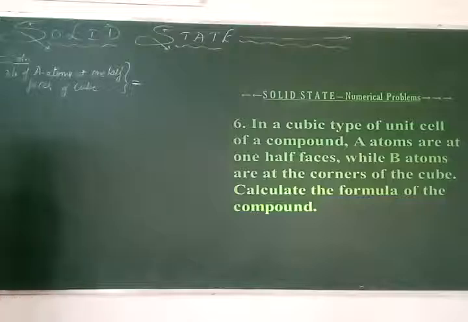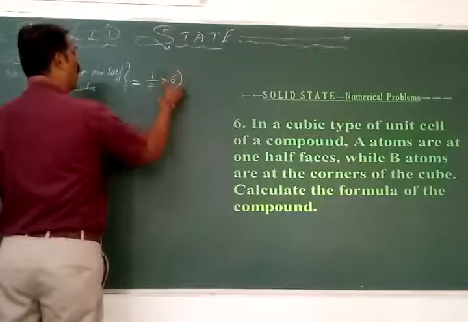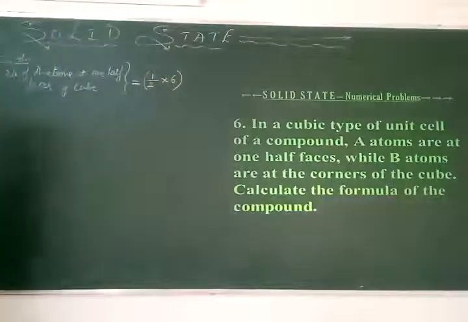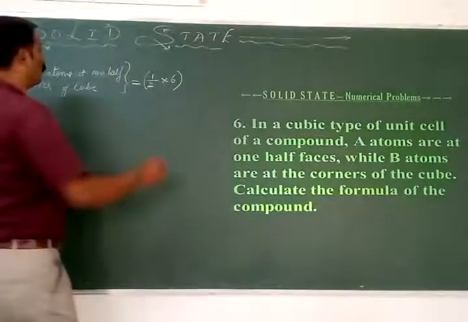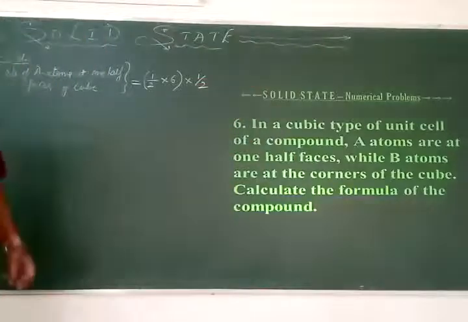How many faces are we having? 6 faces. But it is one half of the faces, meaning we are having only 3 faces. What is the contribution with respect to each face centered particle? It is 1 by 2.